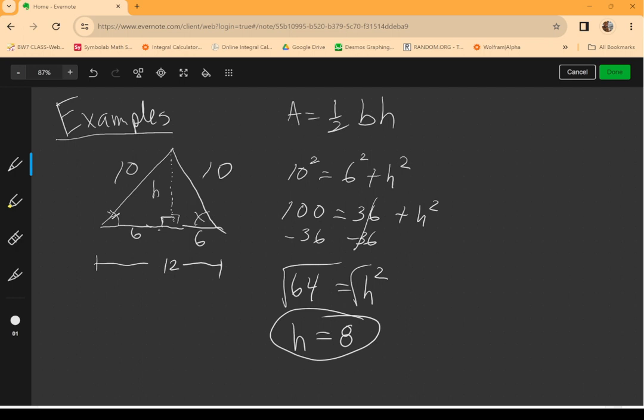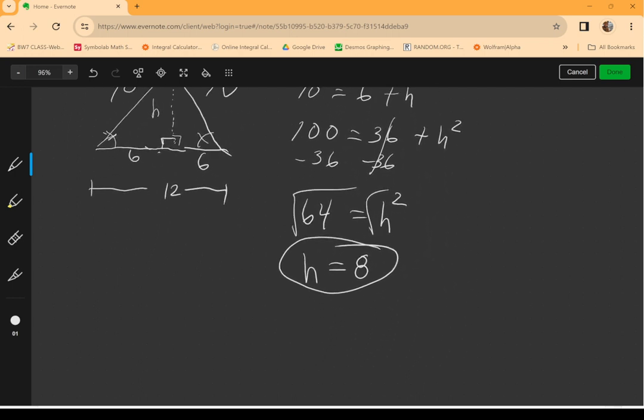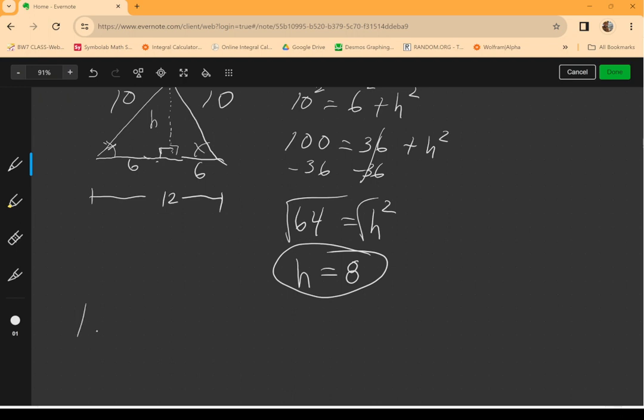All right, so now we can find the area. The area will be 1/2 base times height, and the base is 12. So 1/2 base is 12, and the height is 8.